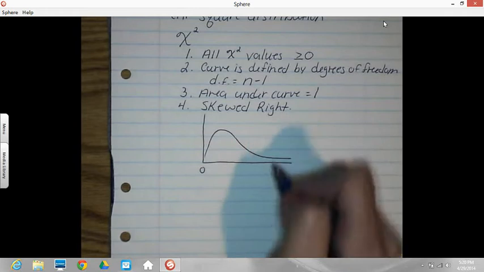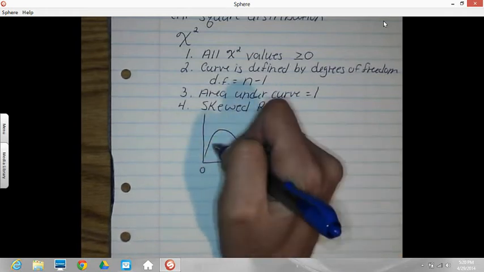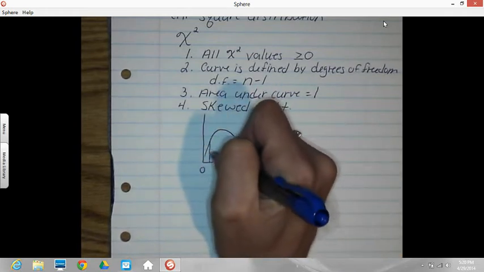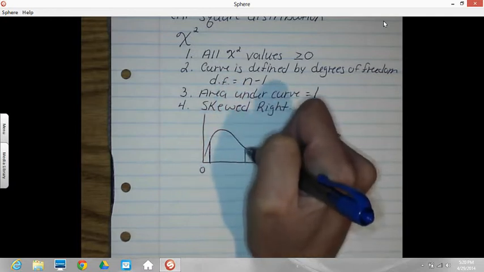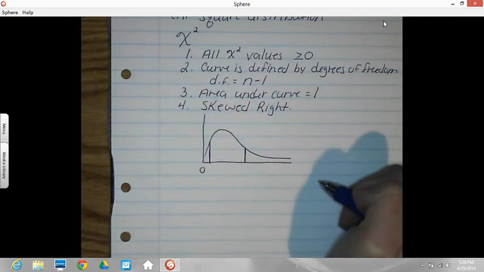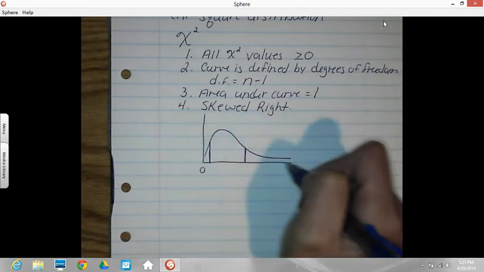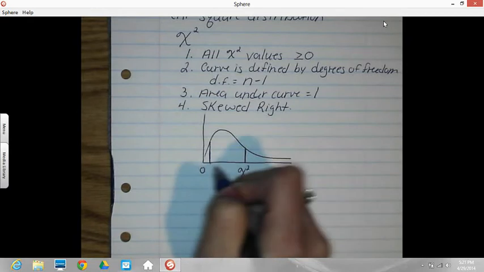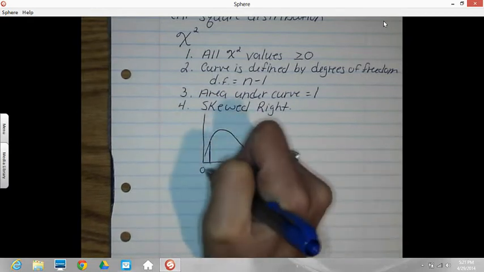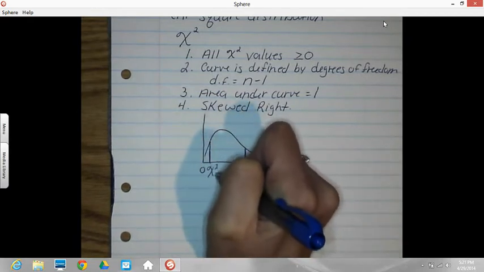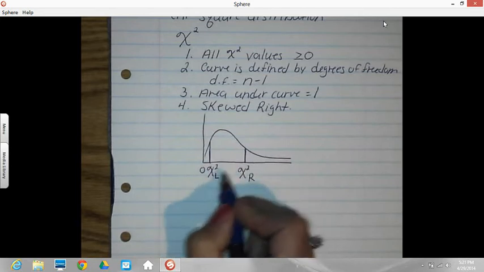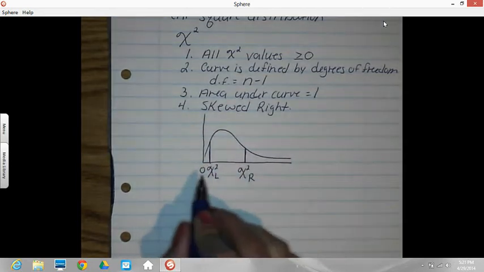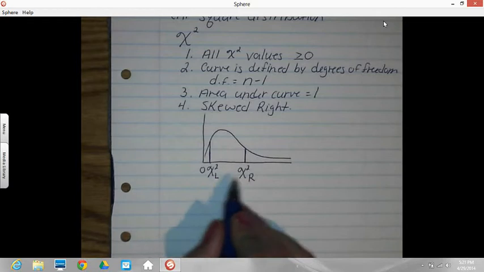And like I said, this is not a symmetrical graph, so we're going to be finding what they're calling chi-squared left and chi-squared right. Well, obviously we're talking position on the number line. So your chi-squared right is the one that's farther out on the number line. Chi-squared left is going to be the smaller of the two numbers. Okay, and now I'm going to show you how to read the table to get these.